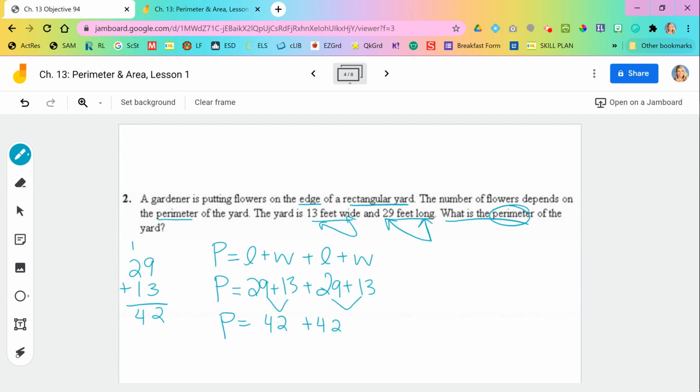So whenever I add 42 plus 42, I get 84. Check the unit, feet. Since I'm dealing with perimeter, it is only feet, not feet squared. So there is my answer. All right, moving on to the next one.